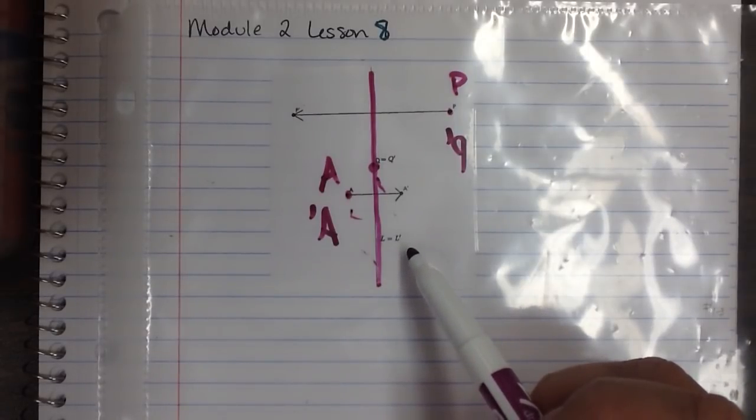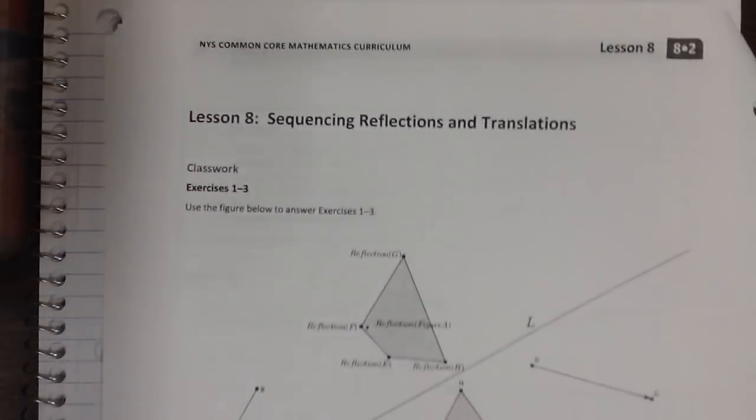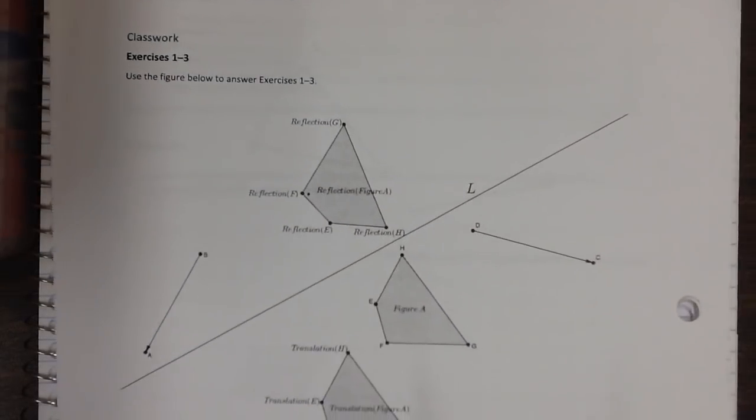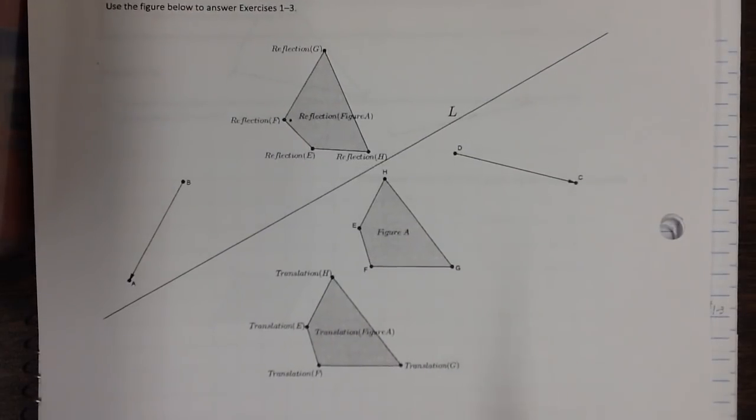So now what we're going to do is we're going to jump in to your exercises, and we're going to use this page right here, page 40, okay, to help us. This shows a reflection across line L, okay, and I want to talk to you about this real quick.